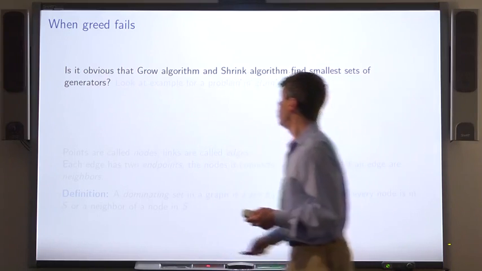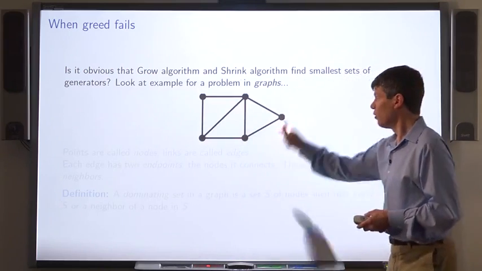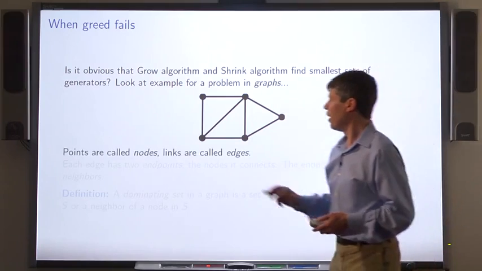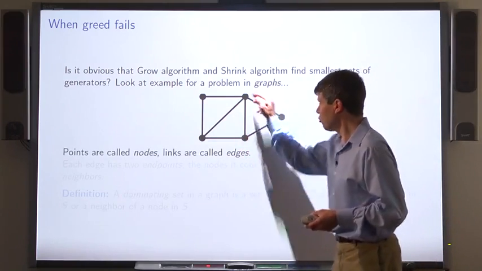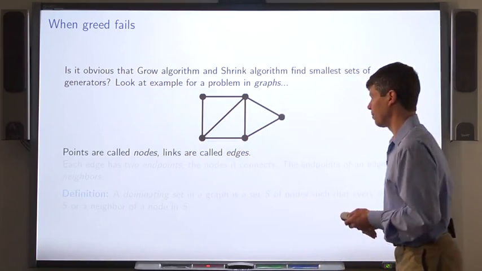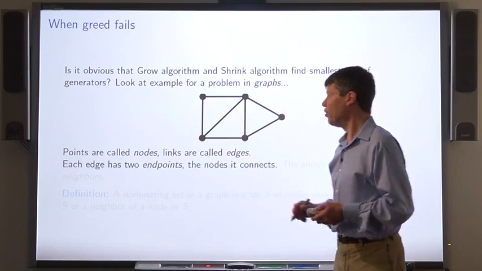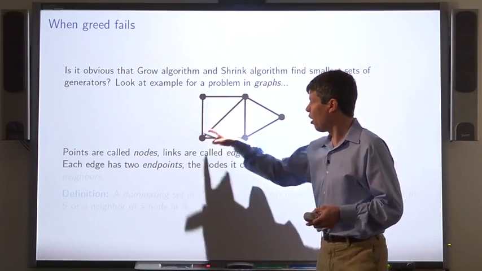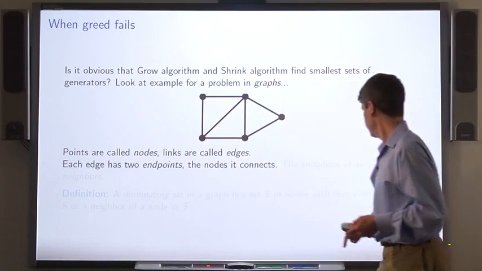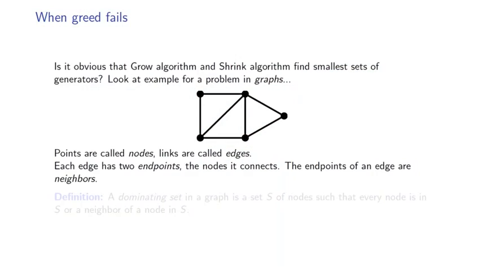Let's look at examples from a problem in graphs. So here's a graph. The points are called nodes or vertices, and the links are called edges. Each edge has two endpoints. So for example, this edge's endpoints are these two nodes. The two endpoints of an edge are called neighbors.